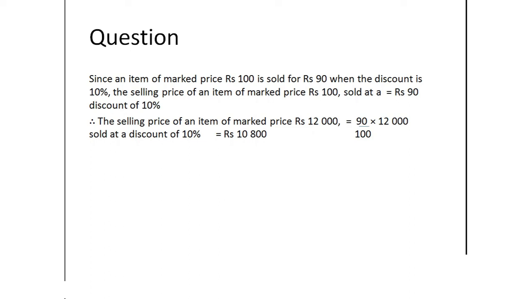So you have to pay only 90 rupees for a 100 rupees item. So the selling price of an item of mark price 12,000 is 90% of 12,000. You have to pay 90% of 12,000 of the total bill. 90 over 100 into 12,000. So the selling price is 10,800.